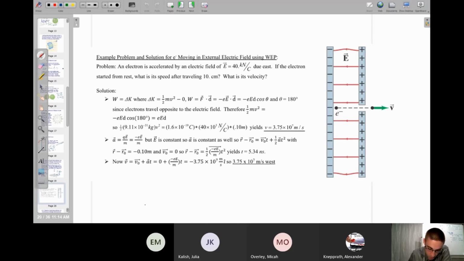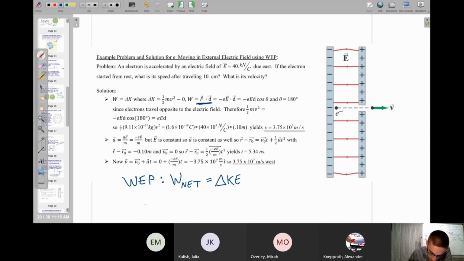But I did want to review for you the work energy principle really quickly. So the work energy principle, or the WEP, says that the net work done on an object is equal to the change in the kinetic energy of a particle. And work is force dot distance, right, in the case where force is constant, and it will be since the electric field is constant between these two plates.